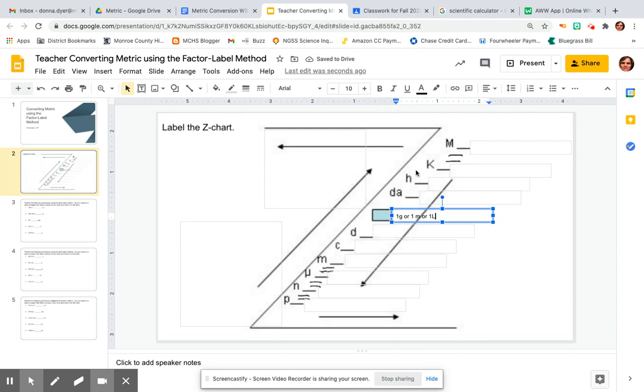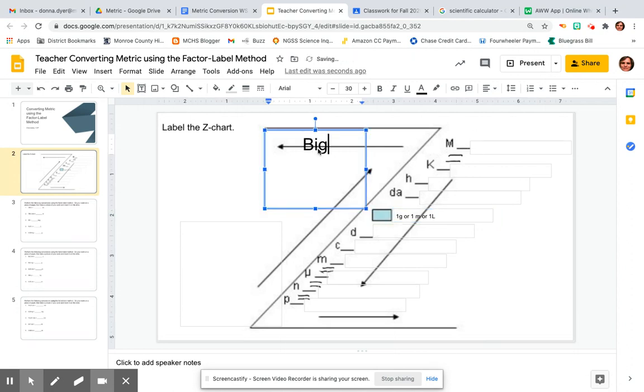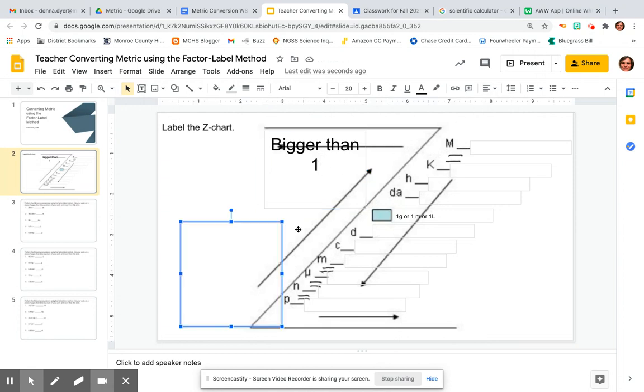Anything above that blue box, so all these up here, is bigger than 1. Anything below the blue box is smaller than 1.